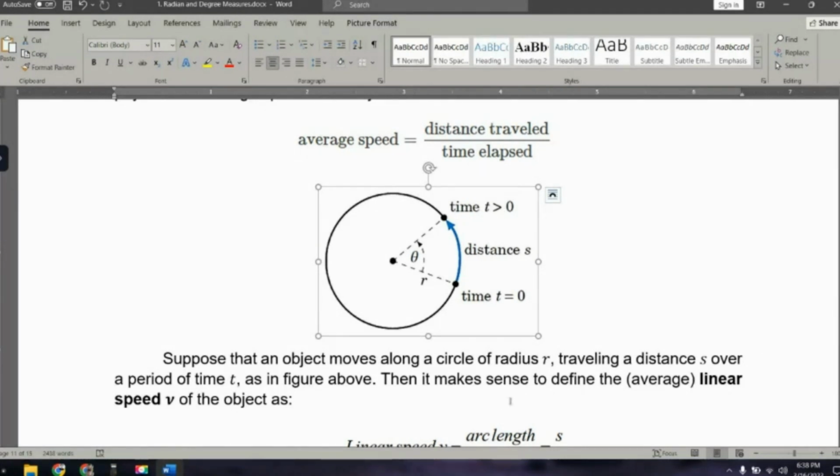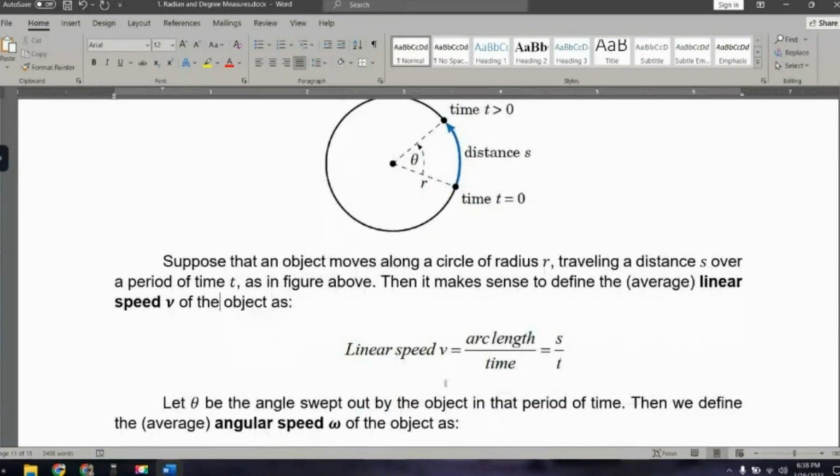Then it makes sense to define the average linear speed, denoted by v, of the object as the linear speed v is equivalent to arc length over time.